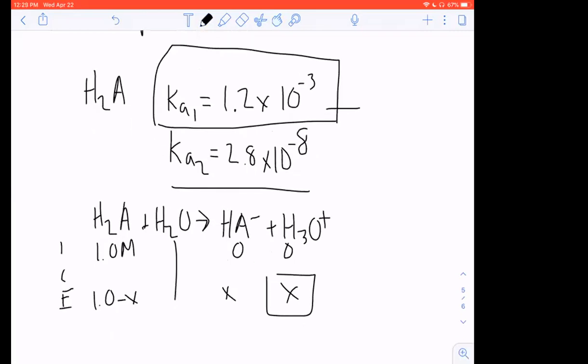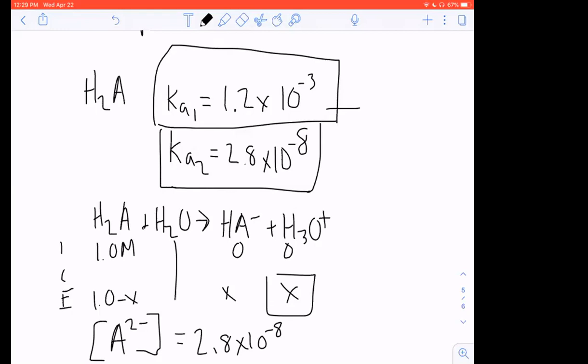The other question it could possibly ask you about polyprotic acids is actually another shortcut. Let's say it asks for the total concentration of A- in solution, or A2-, I guess. If it wants the concentration of A2-, that means it's lost both of these protons, so you want to use this value here. The concentration of A2- is going to equal that Ka value. So in this case, the concentration of A2- equals 2.8 times 10 to the -8.